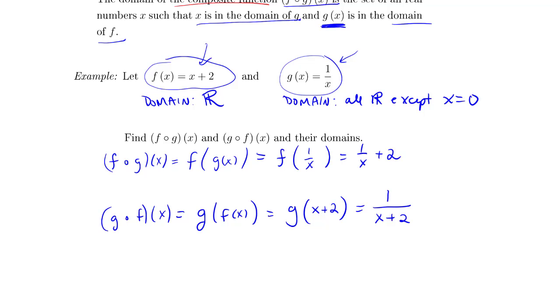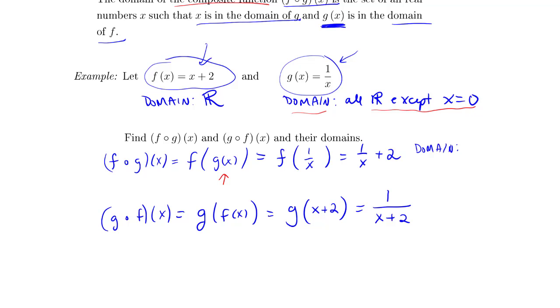All right, so let's talk domains now, because that's a little trickier here with the composite functions. Basically, I can do it in sequence. I have to think about what's happening. So first, a number is going into g, so I consider the restrictions there. If I want a number to go into g, its domain is all real numbers except x equals 0.